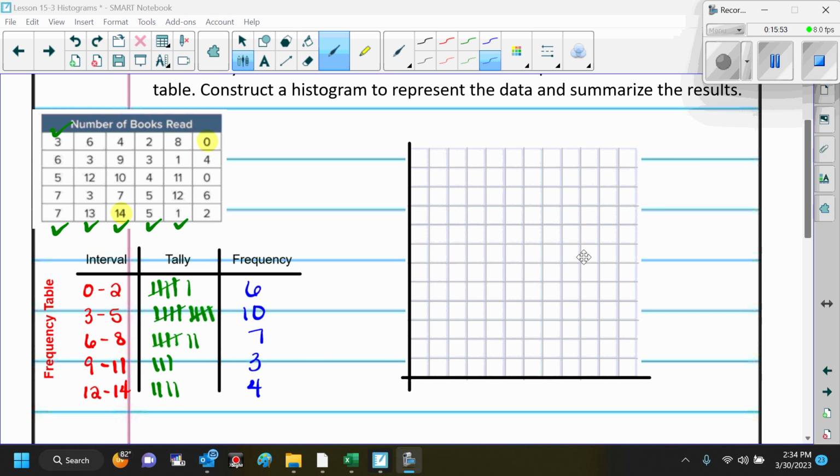So now we can put all of this information on our graph. So we're going to start with the title, which is number of books read. You know what, I'm just going to write books read over the summer.